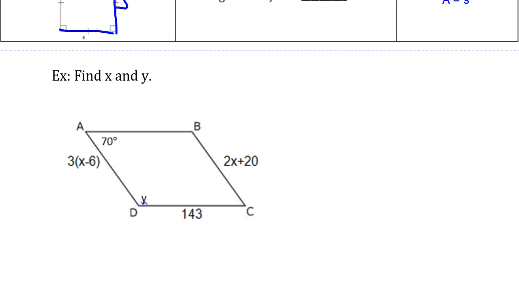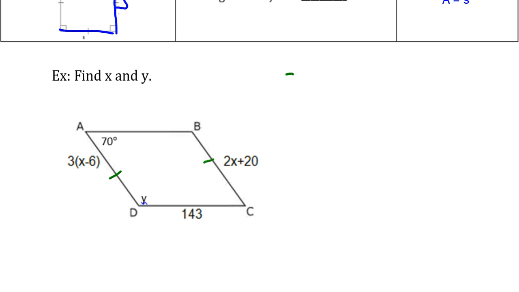So we can use all of these different pieces of information in order to answer some questions. For example, in this parallelogram here, I've got some variables. I want to solve for the 2 different variables. So we'll start with x. Now x is representing these 2 sides, left and right here. And I know that they're opposite sides in a parallelogram, which means that they must be equal in length.